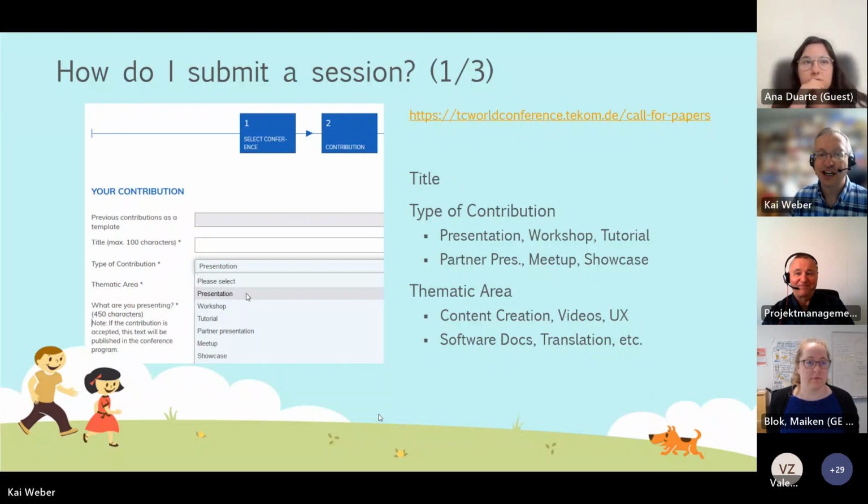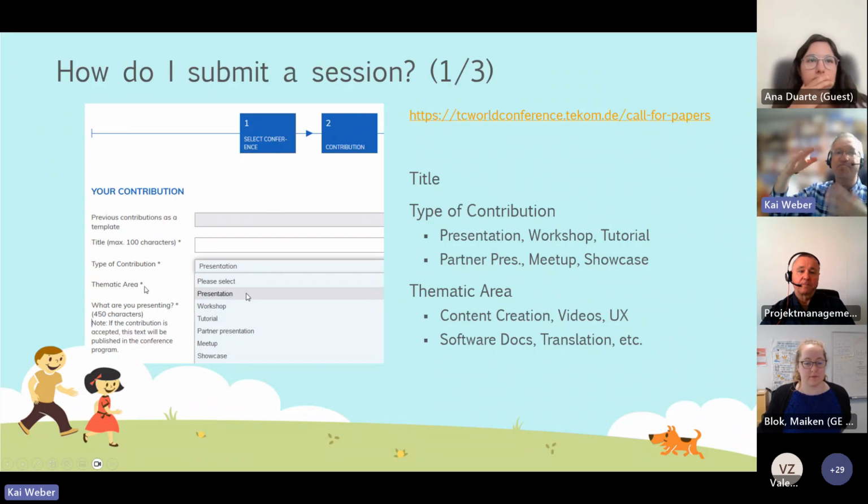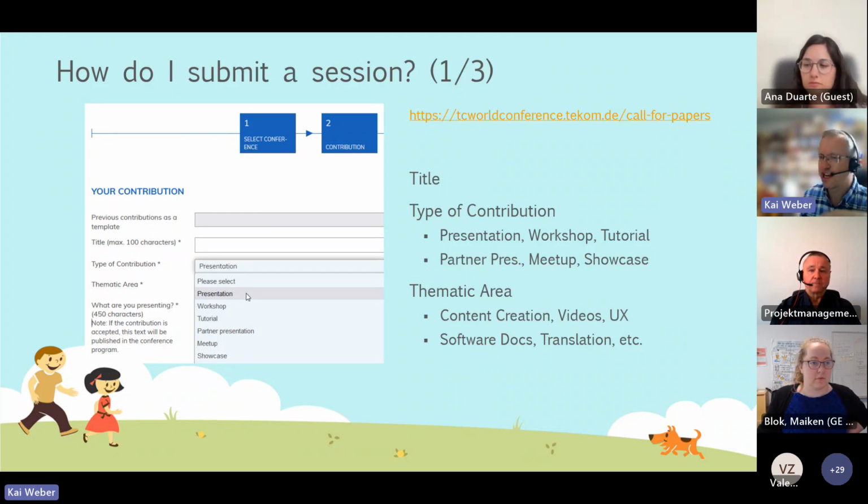All right. I'll just continue swiftly about the thematic area that is sort of hidden here, and I didn't even expand that because I'm just listing 5 here. The thematic area has like 25 different selections, and it includes content creation, videos, UX, software documentation, translation, terminology and a whole bunch of other stuff.